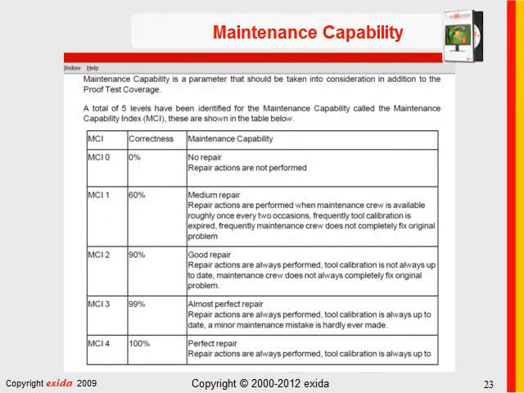In the exSilentia tool, a series of questions are asked, and depending on the answers to those questions, one of 5 different categories is given, MCI 0 through MCI 4. And you can read the descriptions of these different maintenance capabilities: no repair, medium, good, almost perfect, and perfect repair.